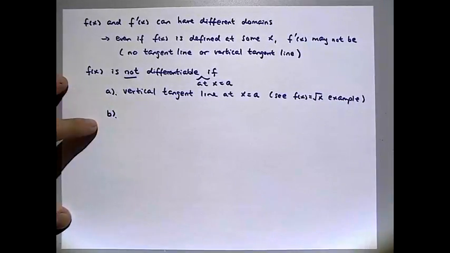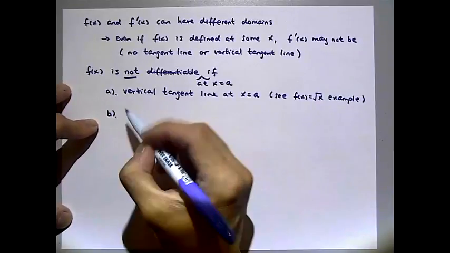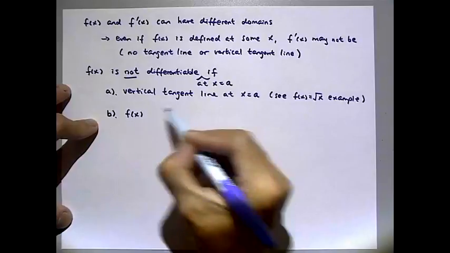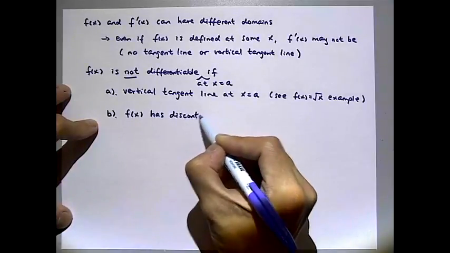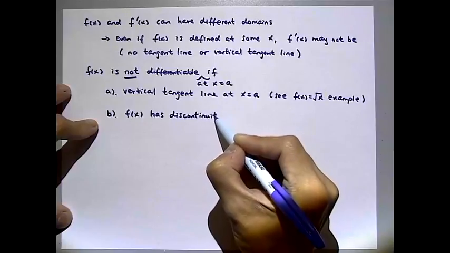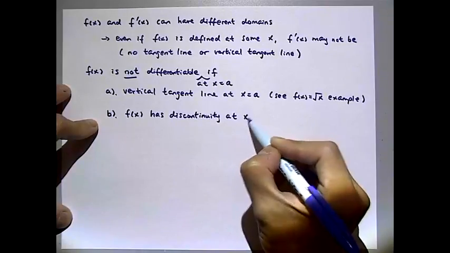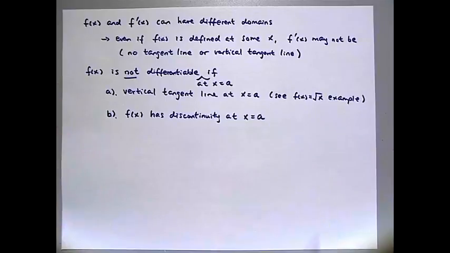The second thing that can happen for the tangent line to fail to exist is if f of x has a discontinuity at x is equal to a. It could be an open circle, it could be a jump discontinuity, it could be an asymptote.